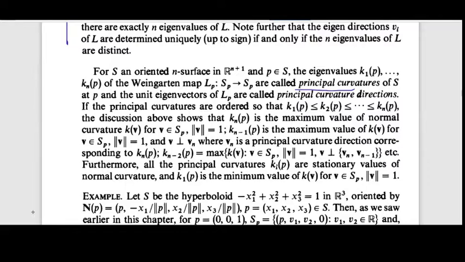For S an oriented n-surface in R^(n+1) and p belonging to S, the eigenvalues k1(p), k2(p), etc., kn(p) of the Weingarten map L_p from S_p to S_p are called principal curvatures of S at p.